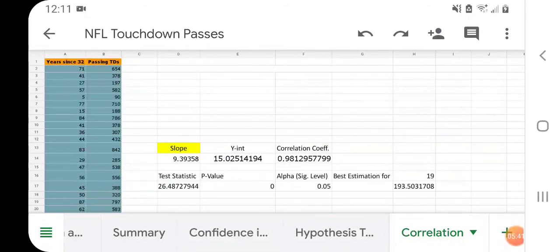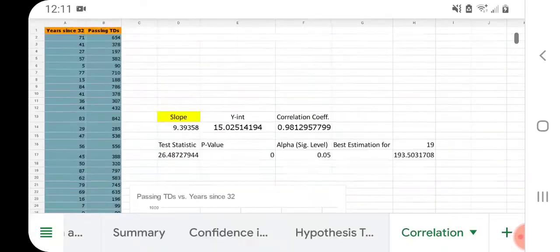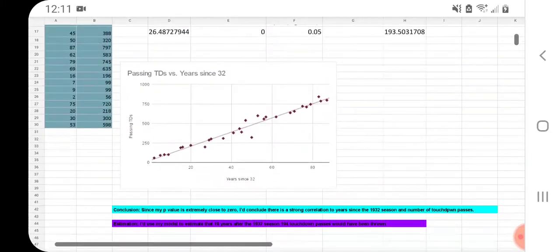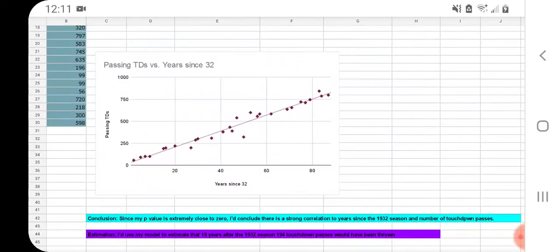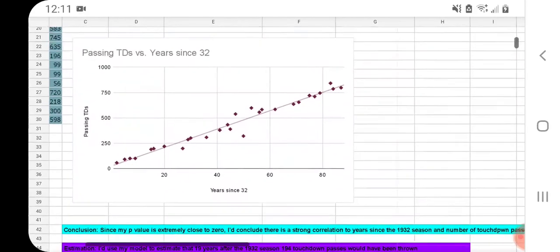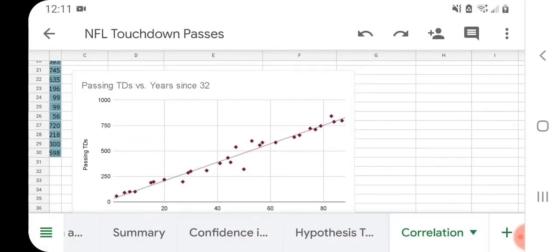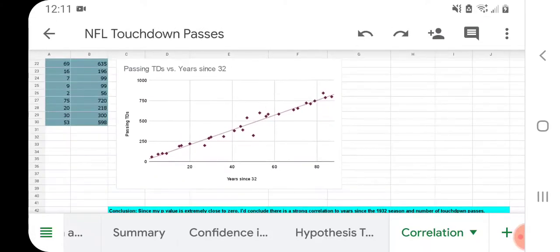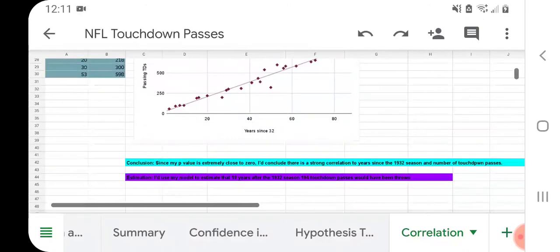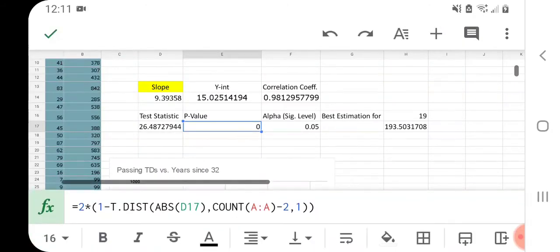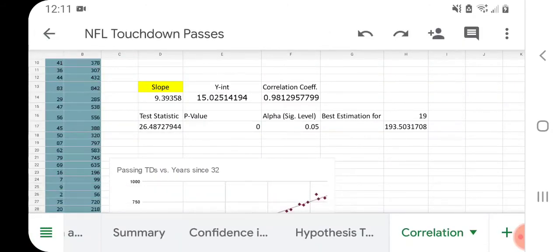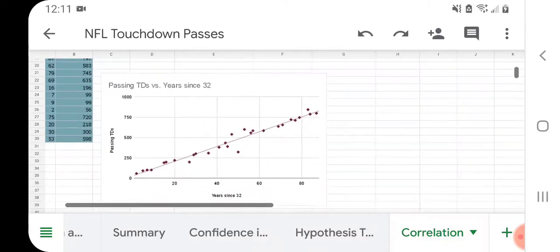It's just the correlation slide. As you can see on the left again, I have the data, and then the same scatter chart that was earlier, with the trend line in there. You can see it's a pretty straight line, except for around 50 years since 1932. I'm not sure what happened right there, but I could conclude that my p-value, no matter how many decimals I added to it, didn't want to be anything other than 0.